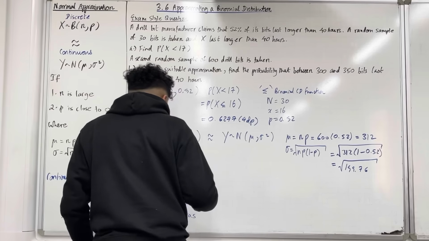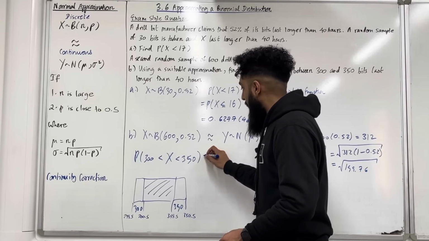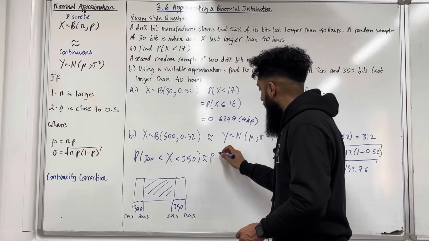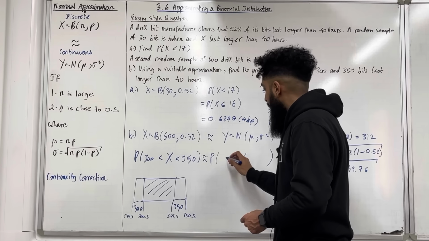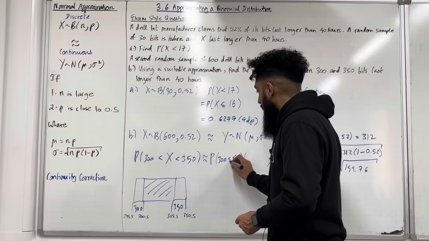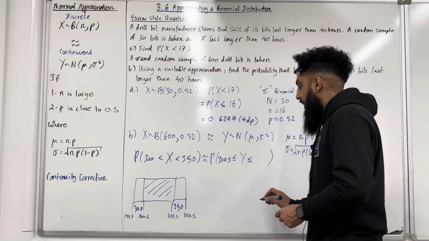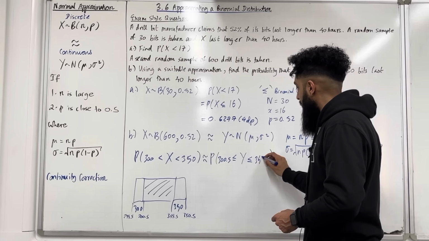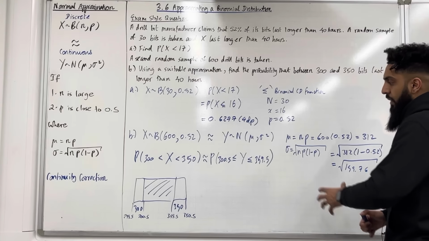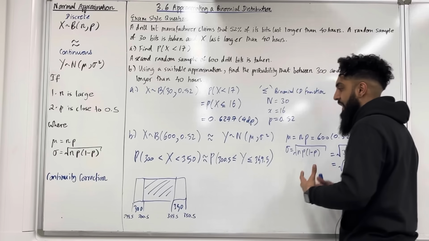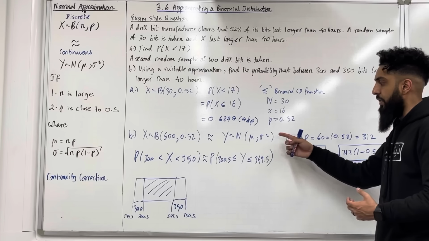So this probability over here, ladies and gents, is approximately the probability that y is more than or equal to 300.5 but is less than or equal to 349.5. Again, this probability represents an area because y follows a normal distribution.